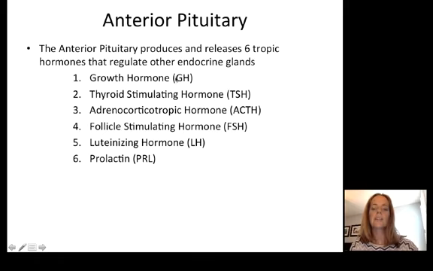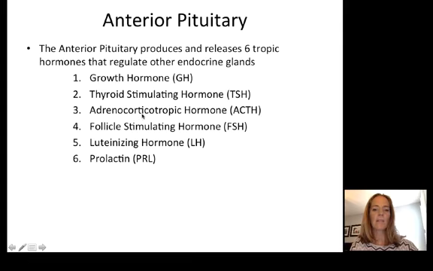So the anterior pituitary has 6 hormones that will be affected by the hypothalamus. Growth hormone, which can be affected by GHRH and GHIH in the hypothalamus. Thyroid stimulating hormone, which will be affected by TRH.